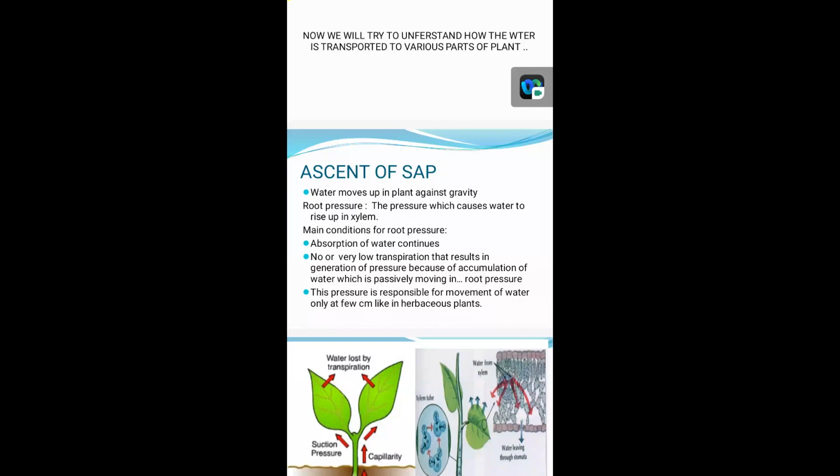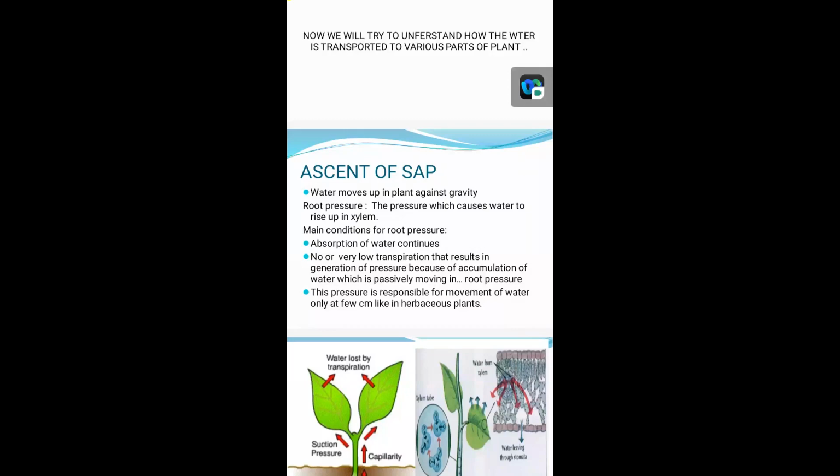One is the root pressure, and the second one is the transpiration pull. I request all of you to watch carefully and listen carefully, as these are two very important concepts to understand the transportation of water.